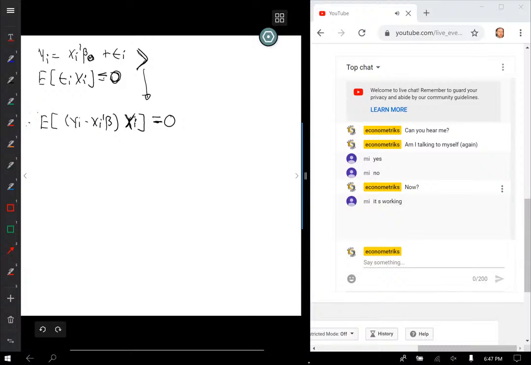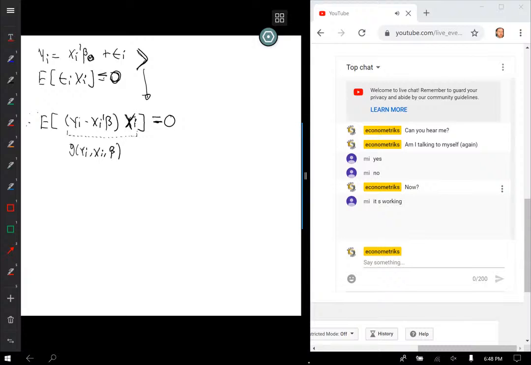All that means is we can just write this generally as an example of a moment function. So this here we can call g of yi, xi, and beta, so it's a function of y and x and beta. You don't need to do that, but you can just call it generally this.